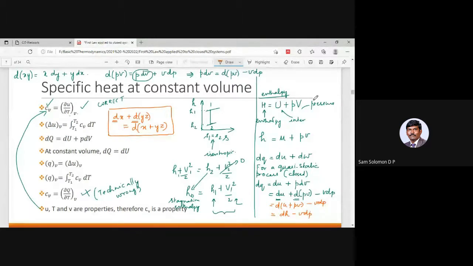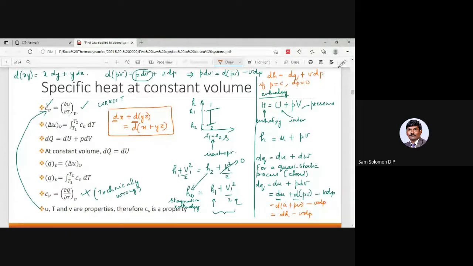And so I can write dH is dQ plus VdP. And if it is a constant pressure process, then dP is equal to 0.